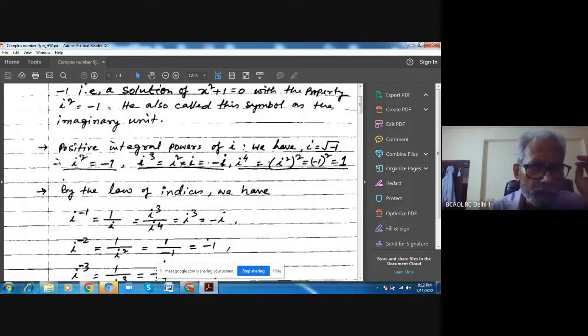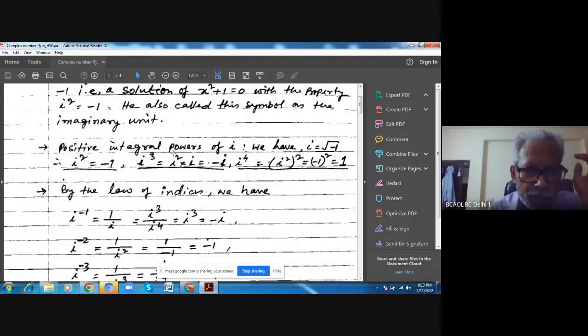Iota square is equal to -1. If iota cube, what will it be? In this case, first you break it up: iota square into iota. Iota square you know is -1, so it should be a minus.